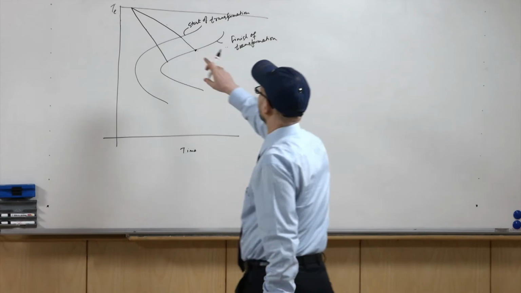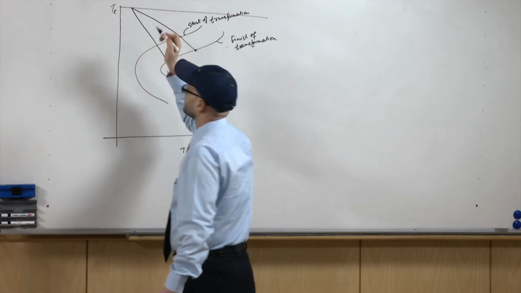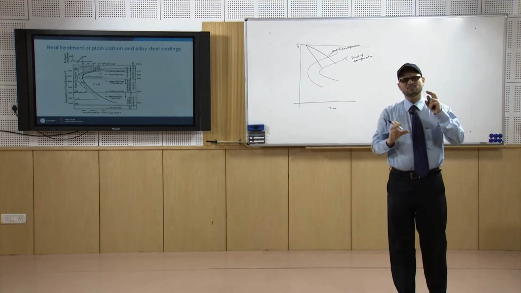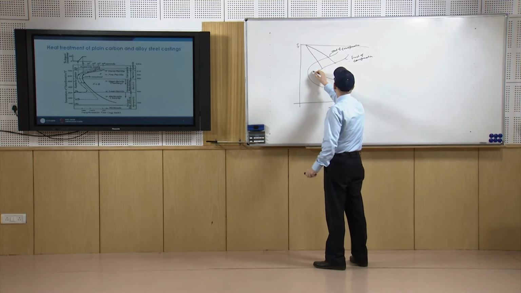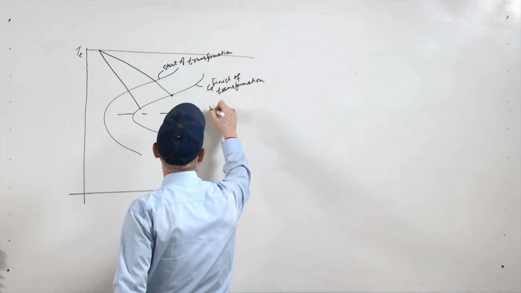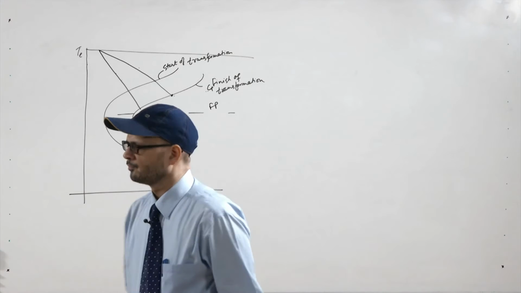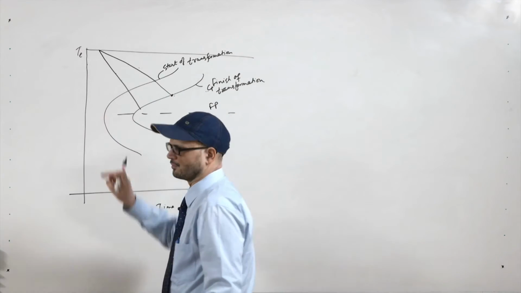But if your cooling rate is higher than this line, if the temperature difference is more in the same time, then you get a fine pearlitic structure. So here you have coarse pearlite, and here you have fine pearlitic structure. This is called the nose of the C curve.